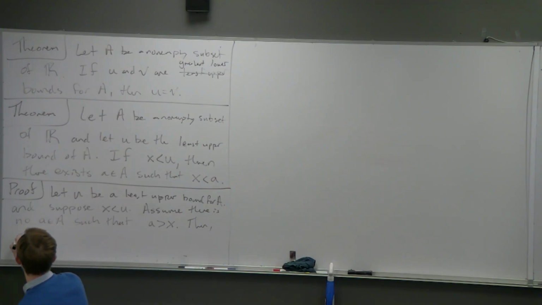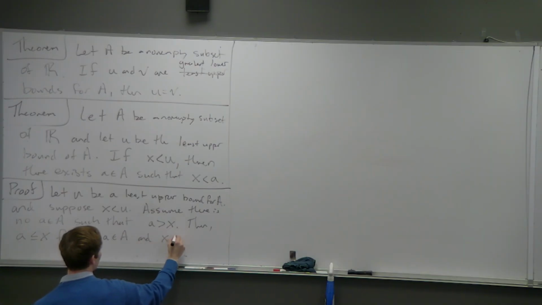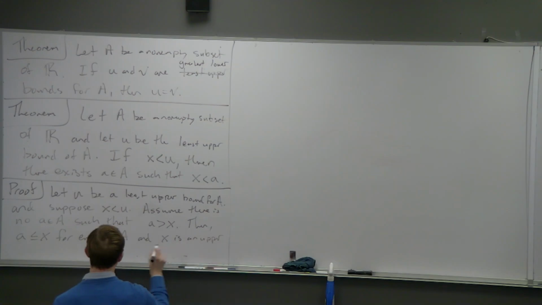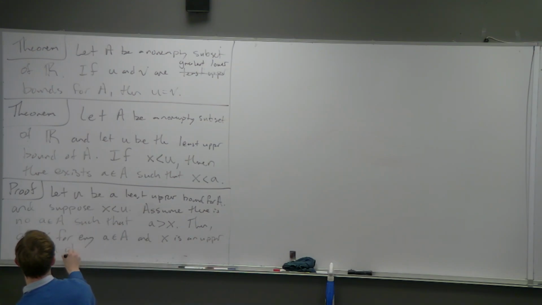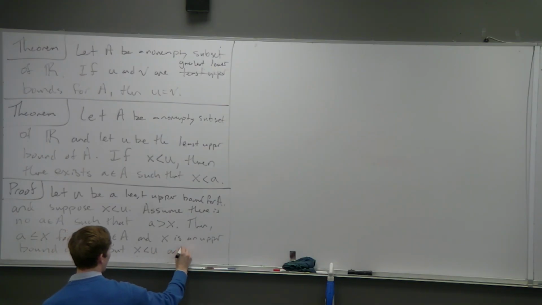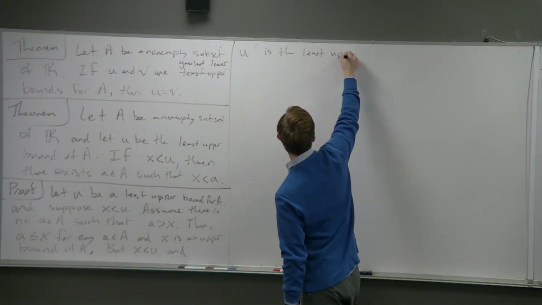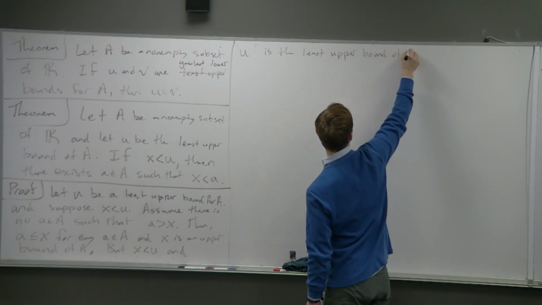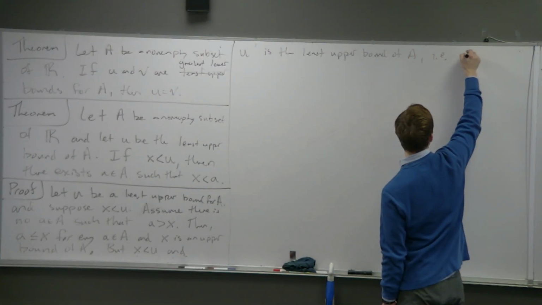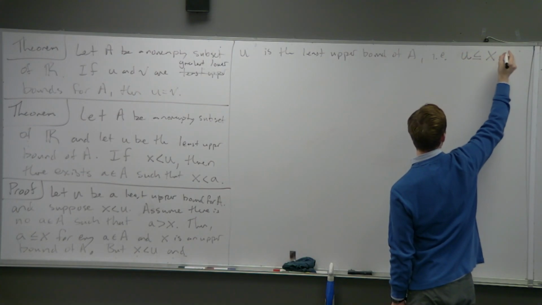Then a is less than or equal to x for every a in A, and x is an upper bound of A. But x is less than u, and u is the least upper bound of A, i.e., u is less than or equal to x.